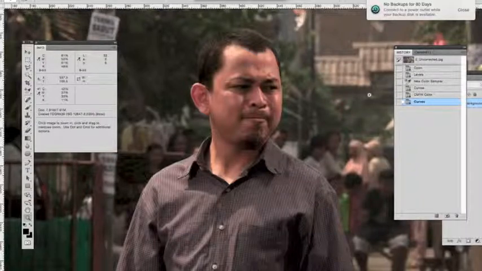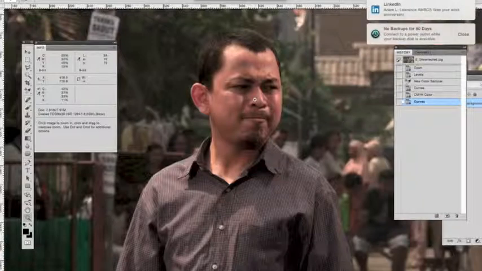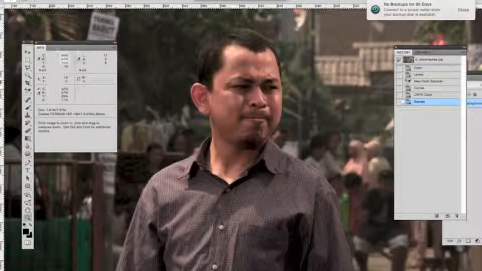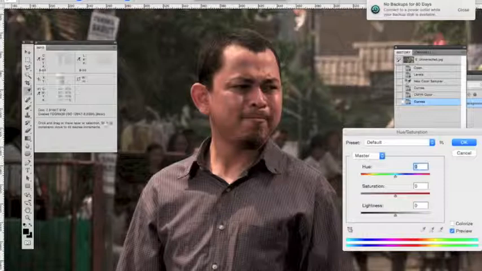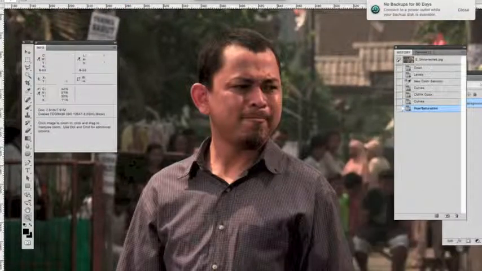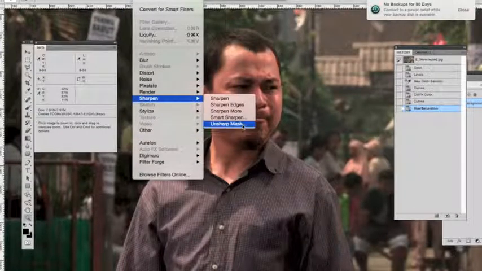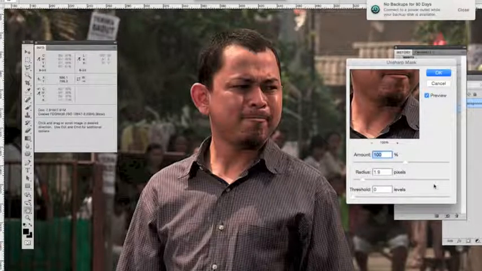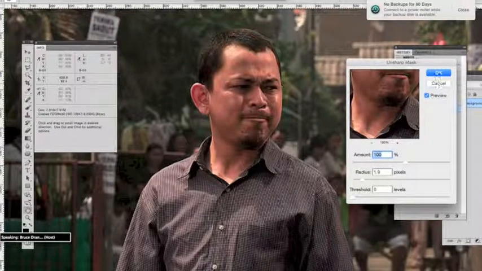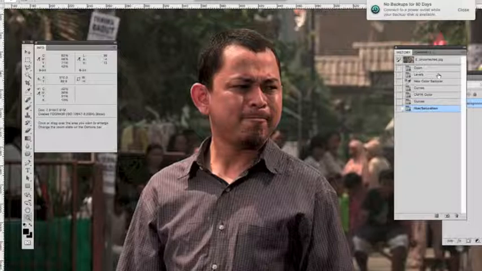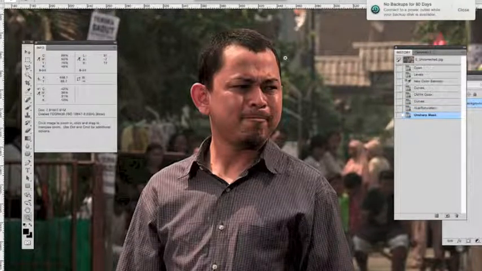My final little bit of advice, which has nothing to do with colour balance, but if you want to play with Photoshop, the final thing I would always do to an image is add a tiny little bit more saturation to make it look a little bit more alive, and use something called unsharp mask, which is an old technique which makes the image a little bit more aggressive, a little bit more contrasting.